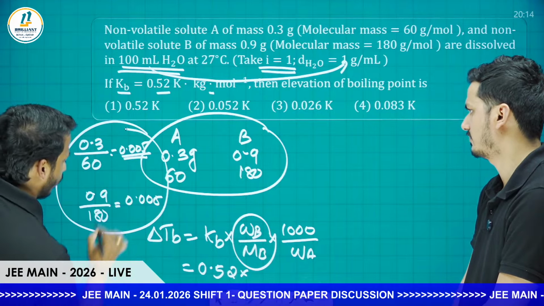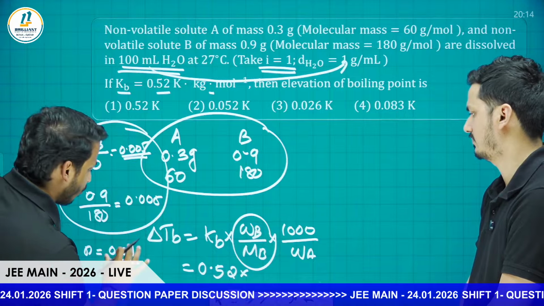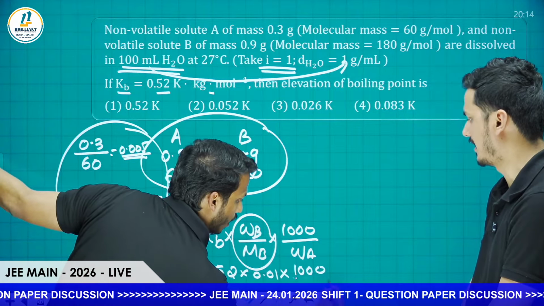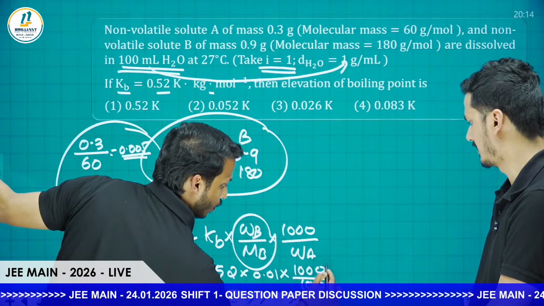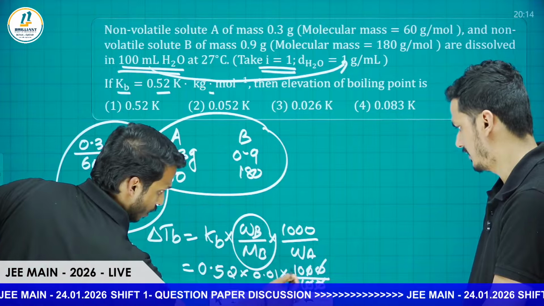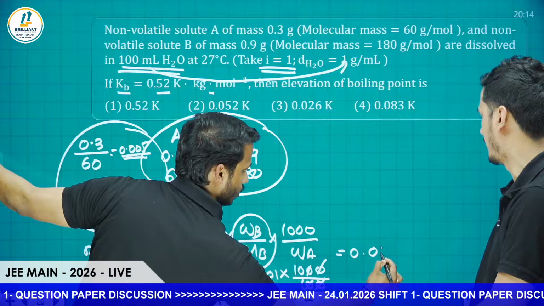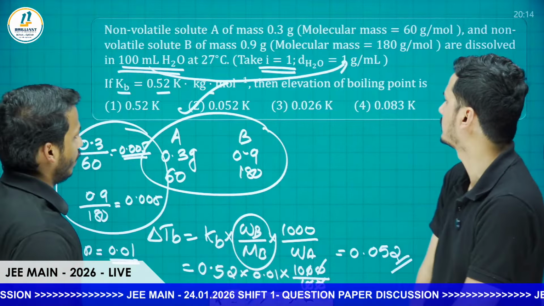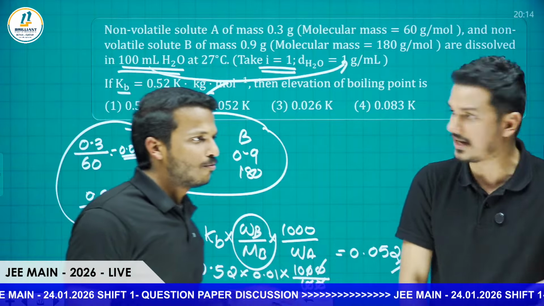So the overall number of moles is 0.01. Then 0.01 into 1000 divided by 100, since the solvent is 100 grams. So we get 0.1, and 0.52 into 0.1 is 0.052, so option 2 will be the answer. Both solutes we have to consider.